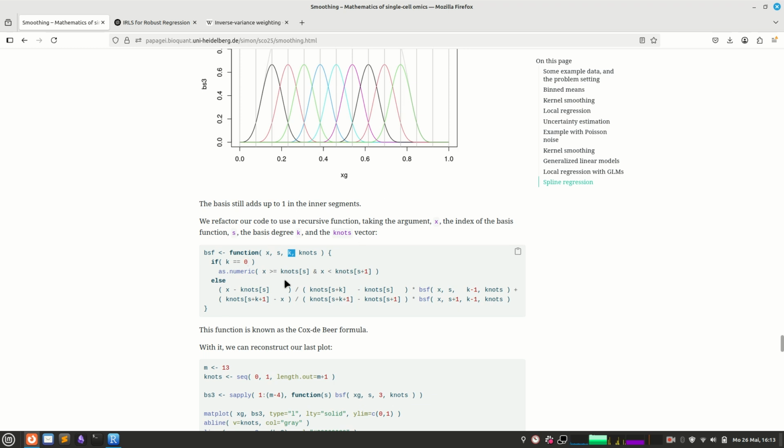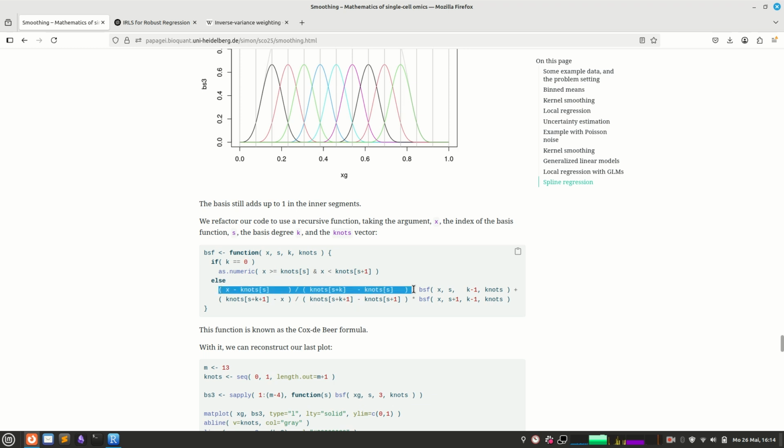If k is greater than 0, then we mix things of the previous ones. So we take the B-spline function at degree k minus 1 with the same knots, the one at position s and the basis function one to the right, evaluate it here, and now we weight them with this thing which smoothly goes up from 0 to 1.